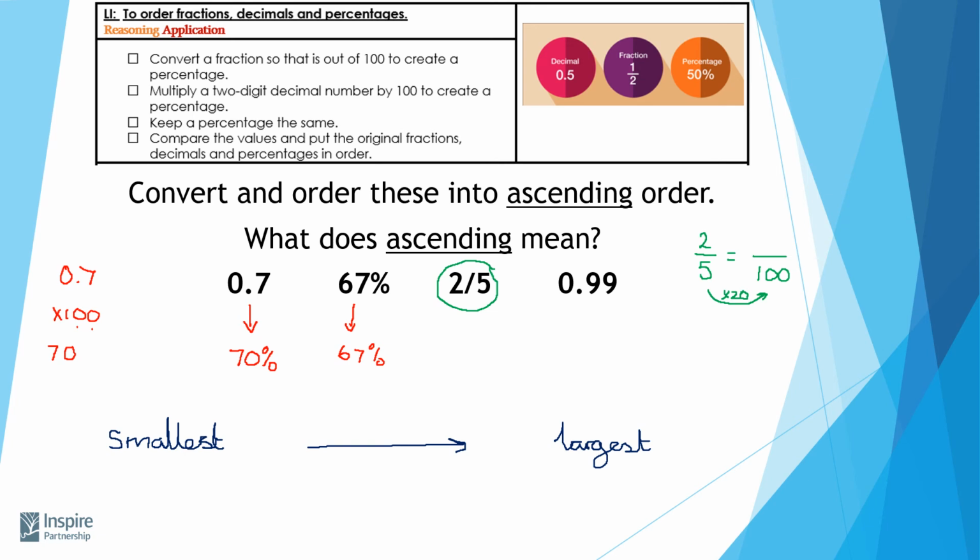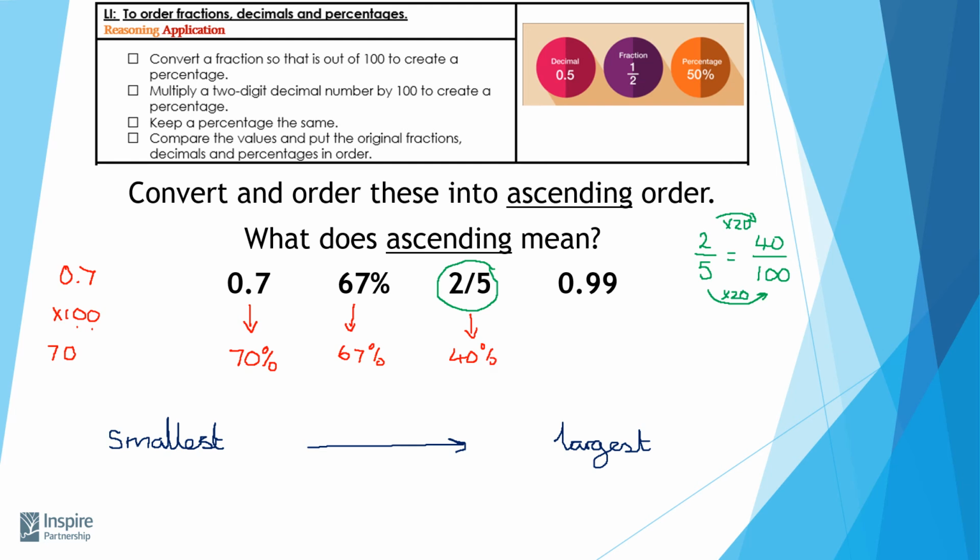So remember, whatever we do to the denominator, we must do to the numerator. So a number at the top, I also need to multiply by 20. So 20 times 2 is 40. So 2/5 becomes 40%.